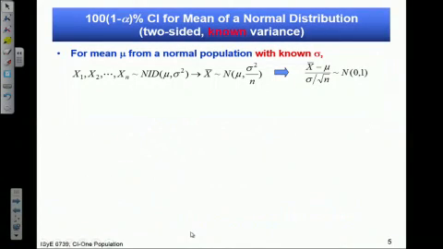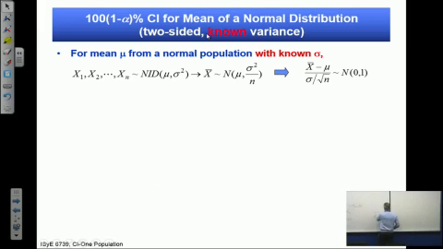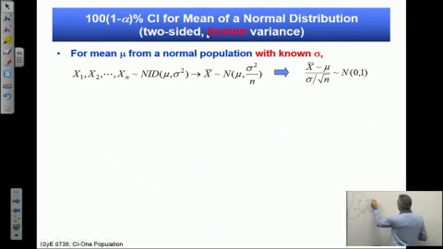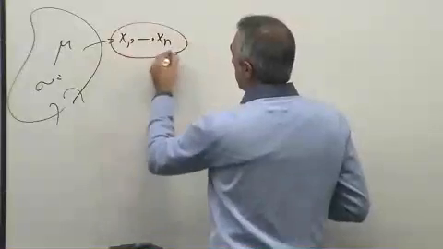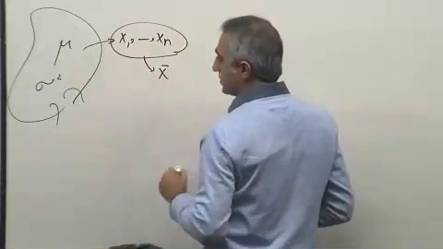Let's start with the confidence interval for the mean, for mu, when sigma is known. So I have x1 to xn. I use x bar as the point estimate.